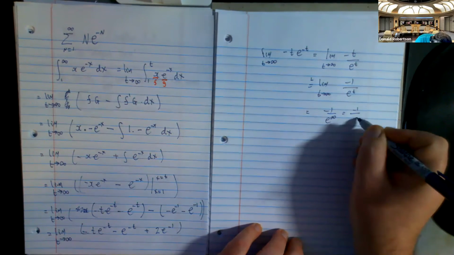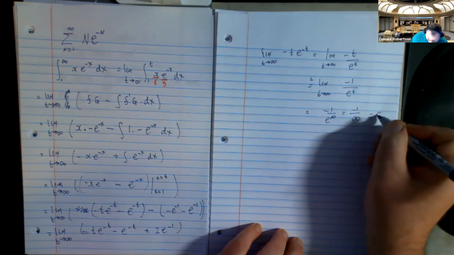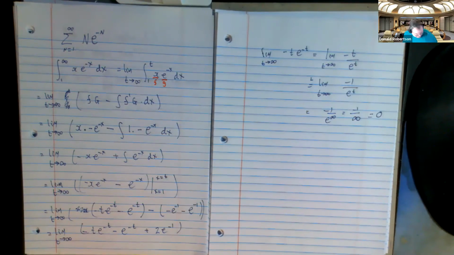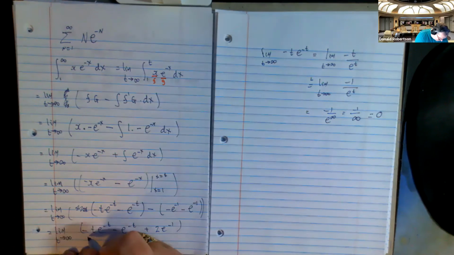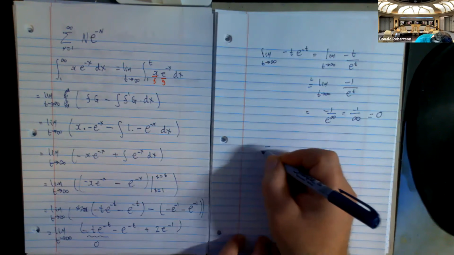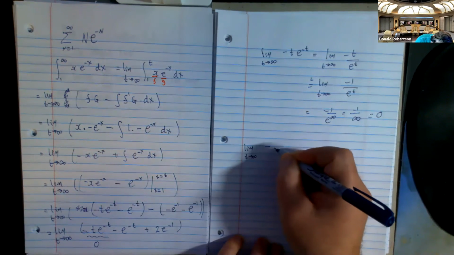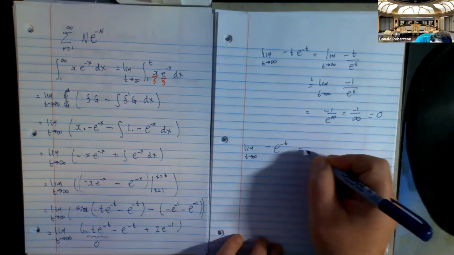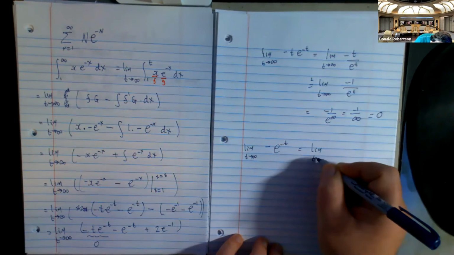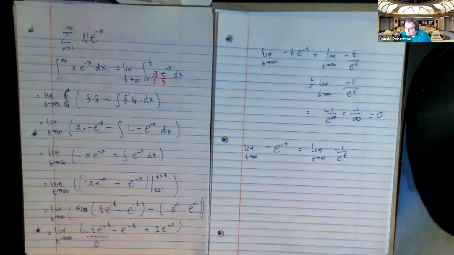Isn't e to the power infinity infinity? And isn't negative 1 over infinity 0? So this piece, just this piece here, is 0. Okay, let's look at this fella separately now. If I rewrite this guy, I don't need L'Hopital.